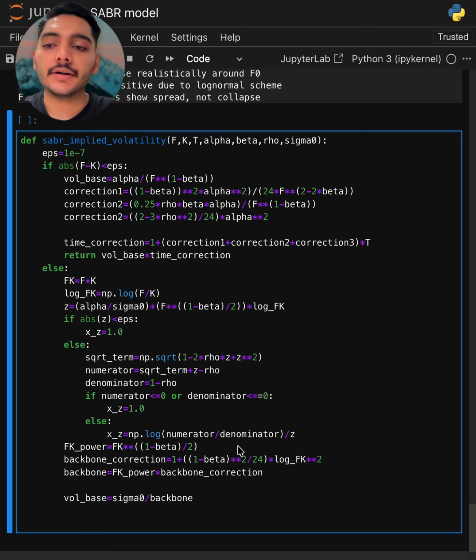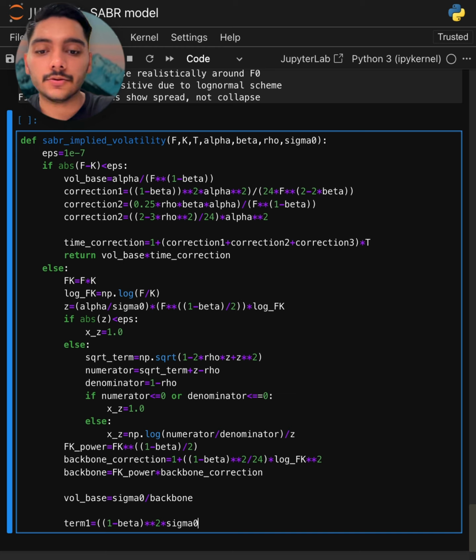Now we'll do the time correction for this. Term 1 will be equal to (1 minus beta) to the power 2 into sigma naught to the power 2 by 24, into 1 minus beta.